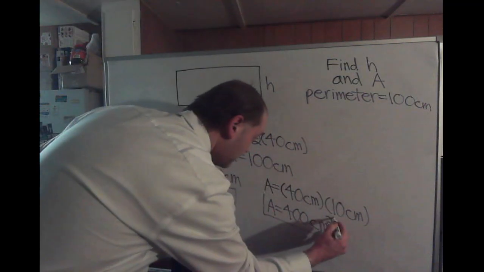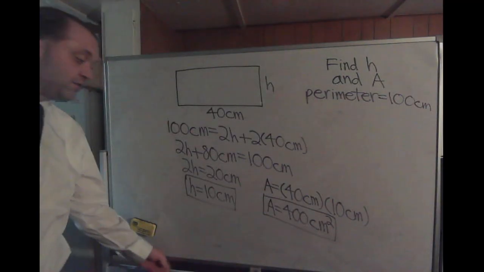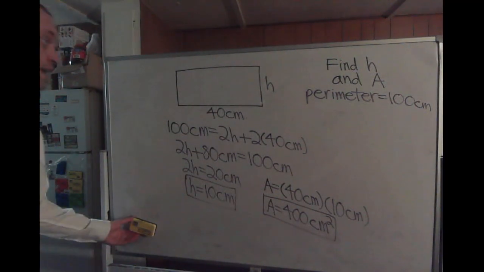So the area of this rectangle would be 400 square centimeters after finding the height to be 10 centimeters.